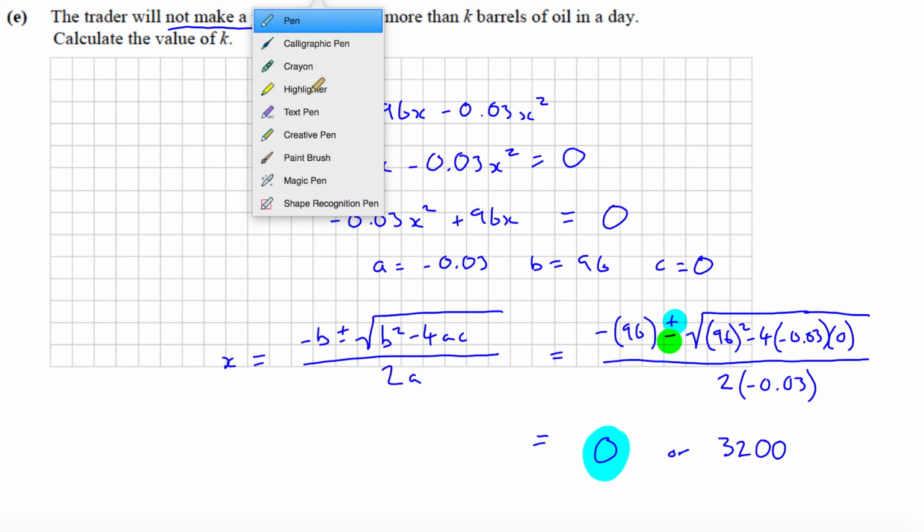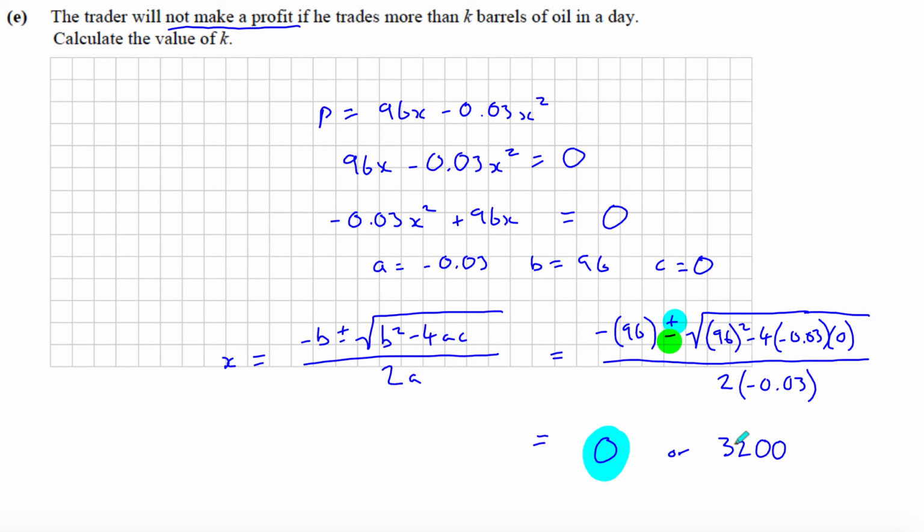So that's our answer when we use the minus sign. So there's our two answers. So obviously we know if he sells no barrels, he makes no profit. But the number of barrels that if he sells more than, it will give us a make no profit would be 3,200. So the answer there is 3,200, and that's the end of the question.